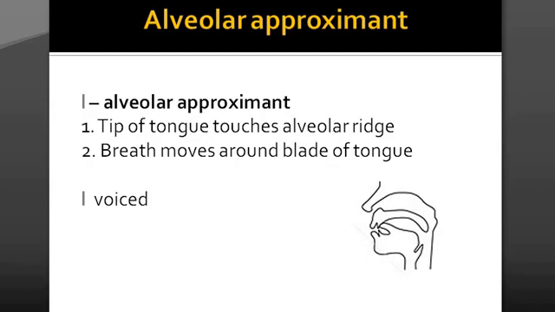Now you know this is called an approximant. The tip of the tongue touches the alveolar ridge and the breath moves around the blade of the tongue. So that is all of the alveolar sounds. Again, alveolar consonants: n, t, d, s, z, and l.